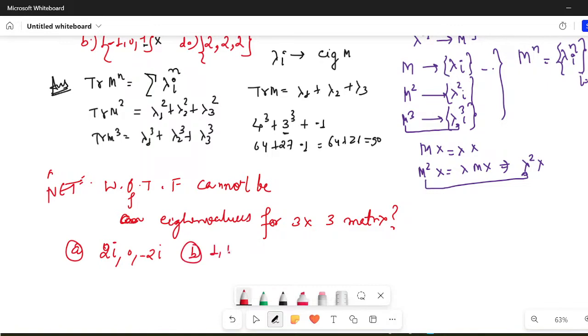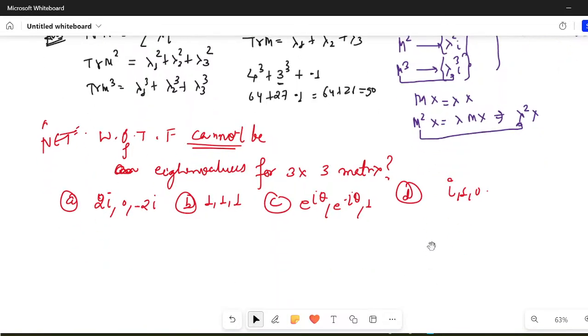Option number B was 1, 1, 1. Cannot be, remember. Option number C was e to the power i theta, e to the power minus i theta, and 1. And option number D was i, 1 and 0. What do you think would be the answer to this?